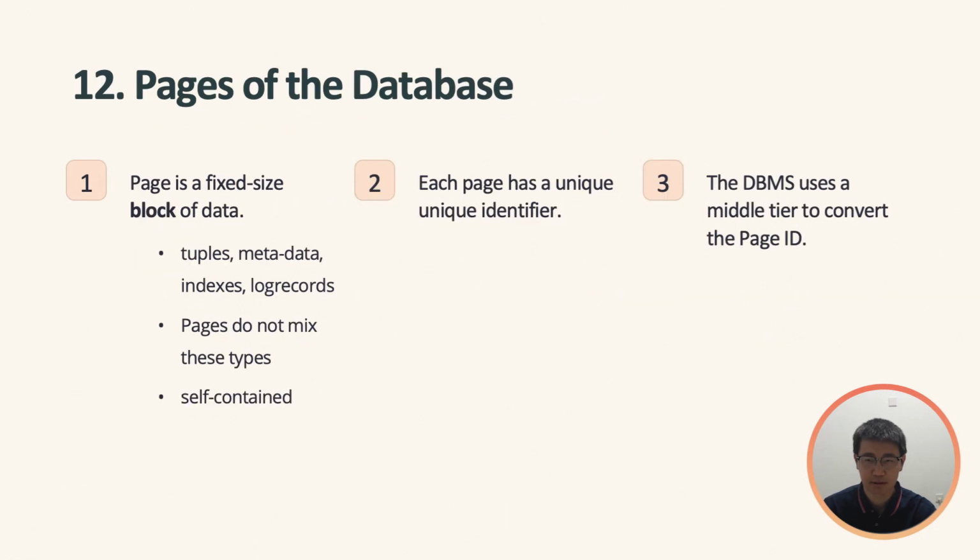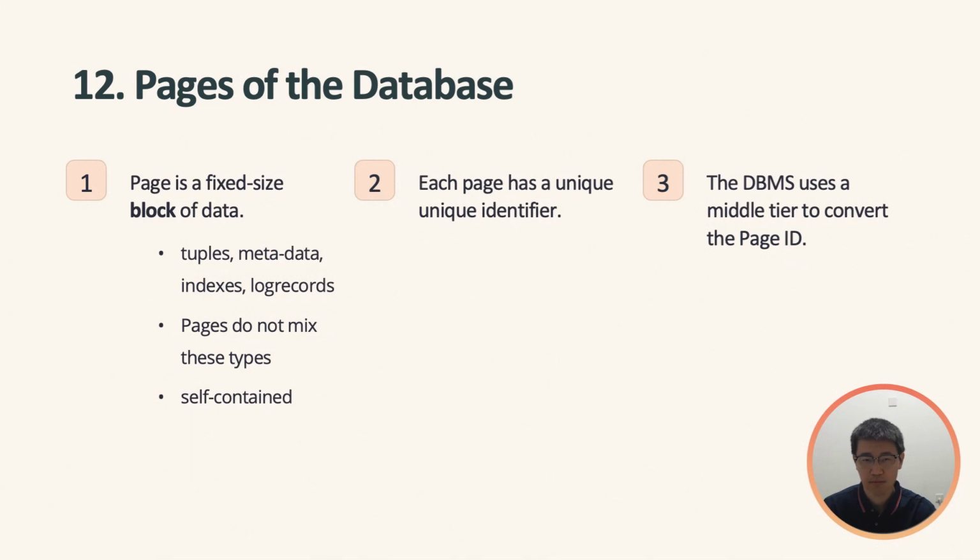We can also see that a page is actually a fixed-size data block in the configuration. The database organizes data into one or more files, which are stored in pages. These pages consist of fixed-size blocks, and a configuration can include different types of data, such as tuples and indices.